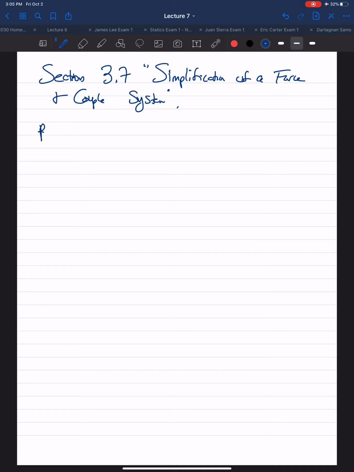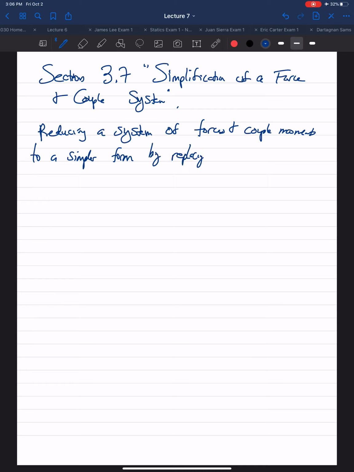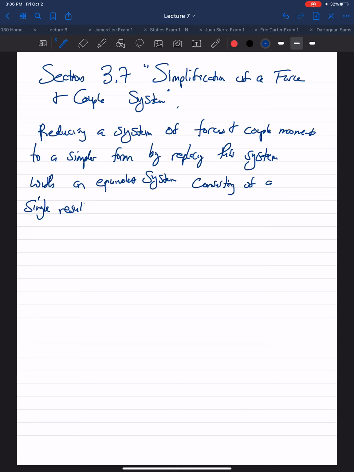So what this section is about is reducing a system of forces and, let's say, moments to a simpler form by replacing this system with an equivalent system consisting of a single resultant force and resultant couple moment.